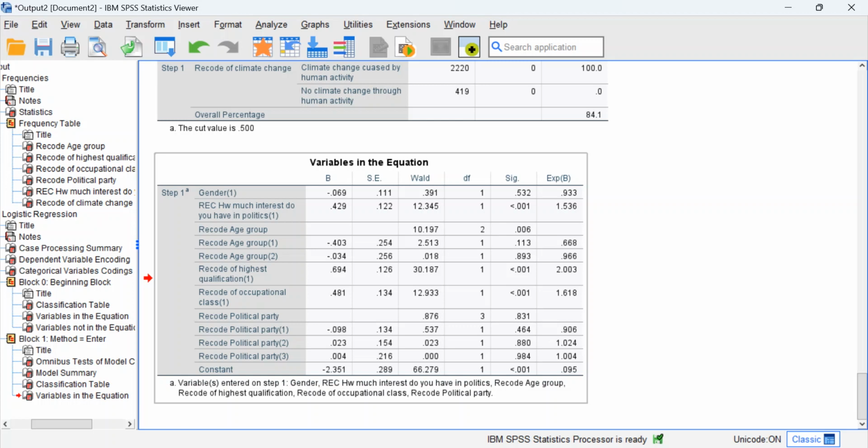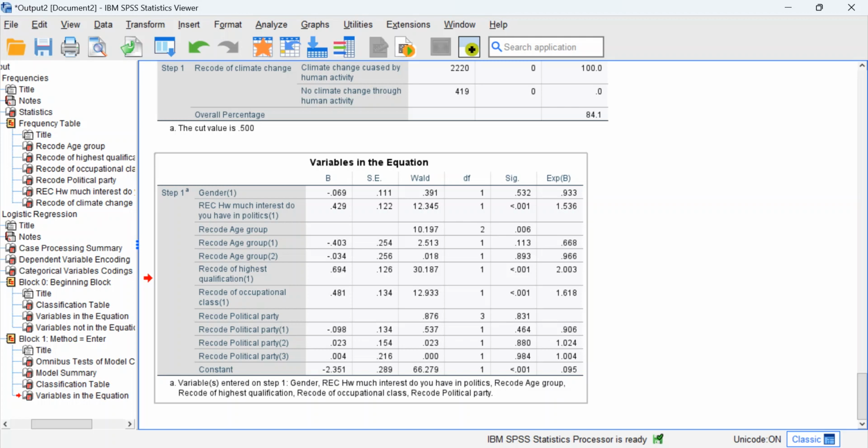So let's look at our very first row here. If you remember when we looked at the cross tabulations of gender and climate change, we found no statistically significant relationship between gender and climate change. One of the reasons that I wanted to include it in this model is because we've already looked at that relationship.